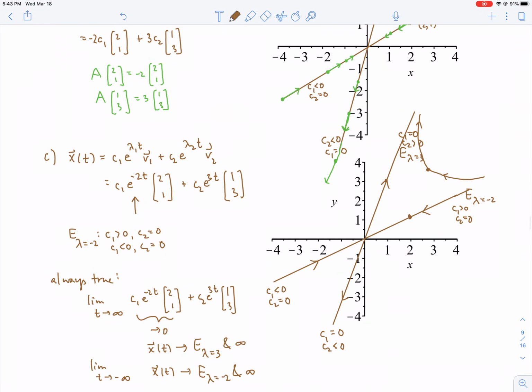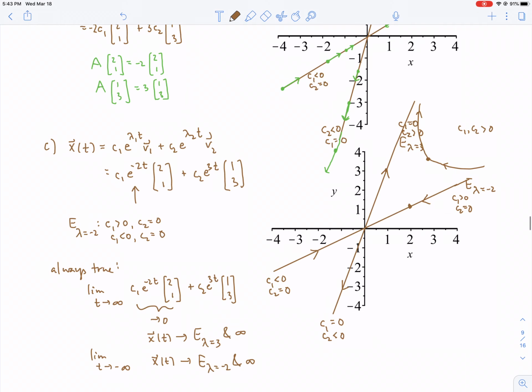Okay, so in this quadrant, C1 and C2 were both positive. Okay, well, you can do the same analysis for the other 3 quadrants, and the limits as t goes to infinity will still have the same eigenspace quality.